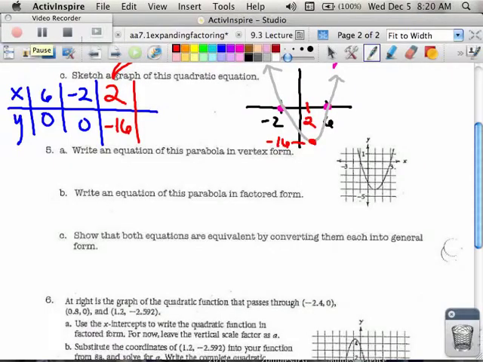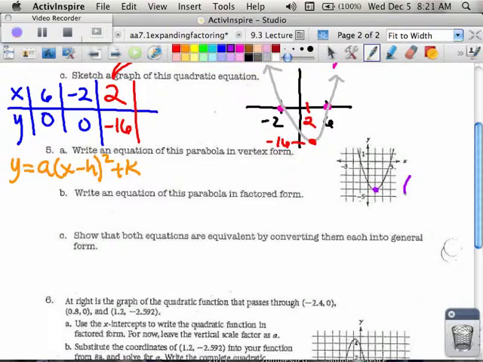Number 5, almost done. Number 5 says write the equation of this thing in its vertex form. So if you remember, our vertex form looked like this: y equals a times (x minus h) squared plus k, where the h and the k were the vertex. So I look at my parabola and I'm like, oh, okay, here's my vertex right here.